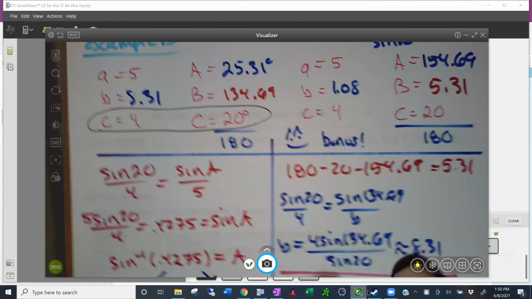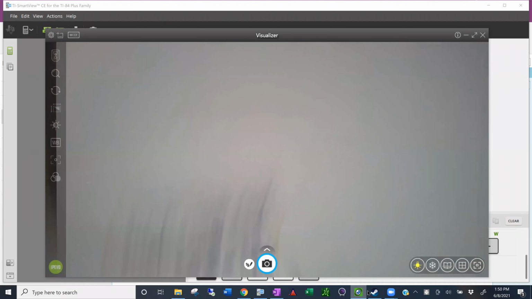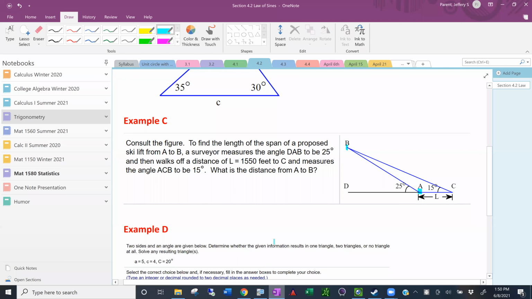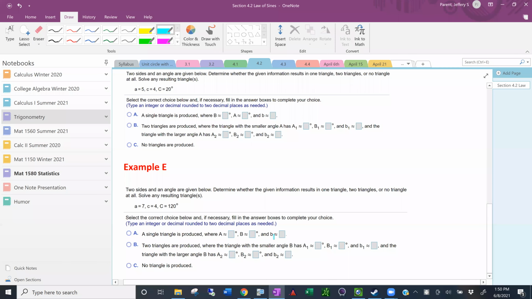Last question, last example, real quick. Let's see, this one. So we're going to have a is 7, b is unknown, c is 4, and angle C is 120.